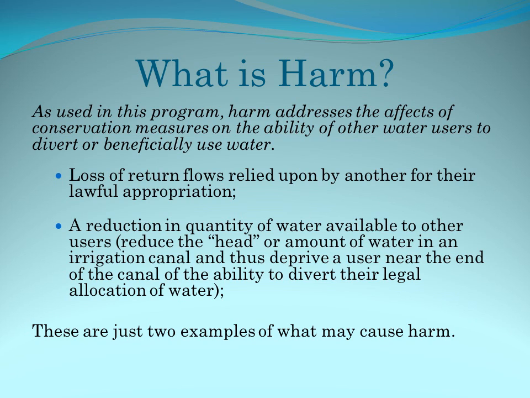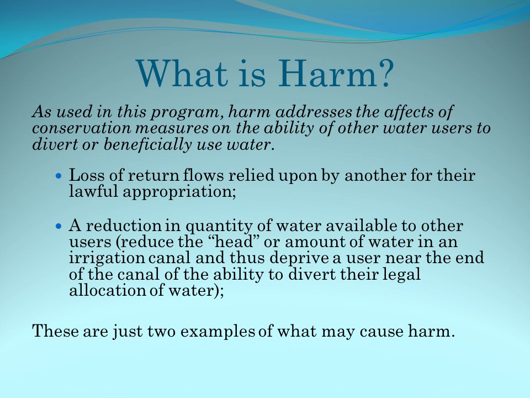A couple of examples of harm may include the loss of return flows relied upon by another for their lawful appropriation, a reduction in the quantity of water available to other users, reduce the head or amount of water in an irrigation canal and thus deprive a user near the end of the canal of the ability to divert the legal allocation of water, or an alteration to the quality of water available to other users.